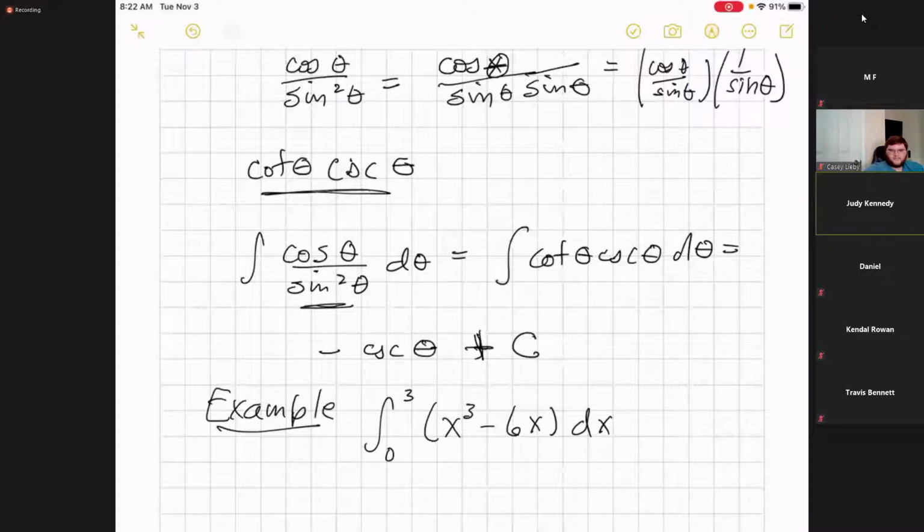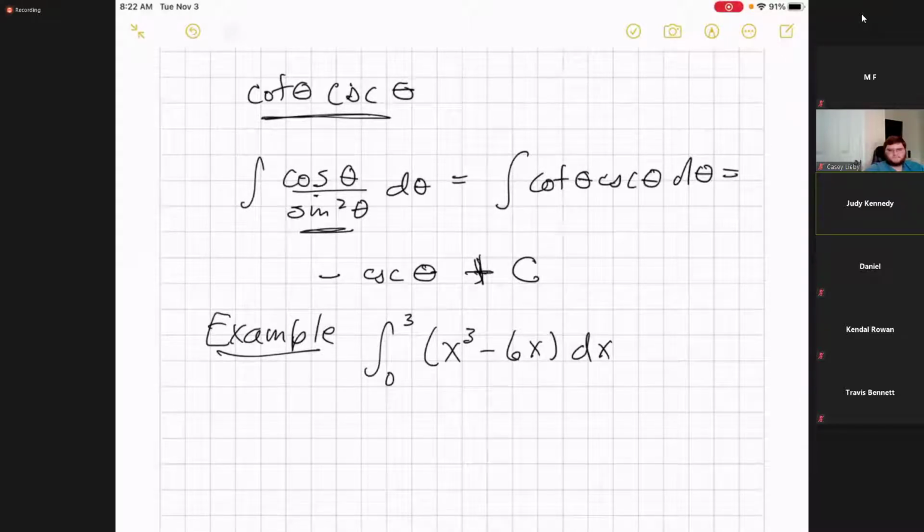Now this one has the numbers on the integral sign, the 0 at the bottom and the 3 at the top. That means this is a definite integral. And that means we're going to come out with a number. And we're going to use the fundamental theorem of calculus.